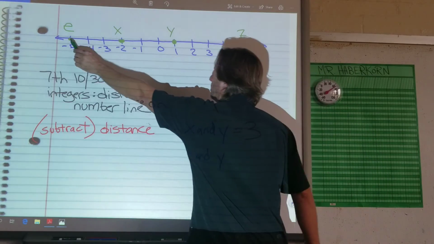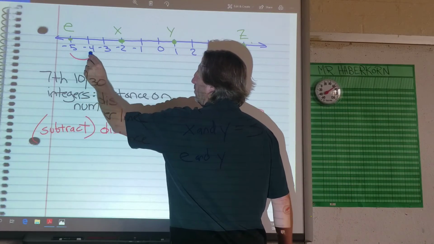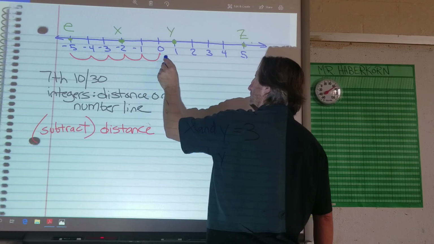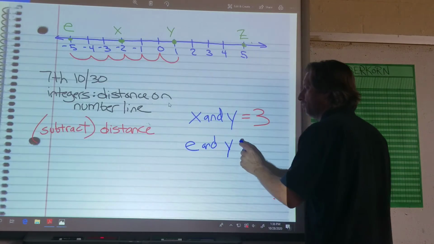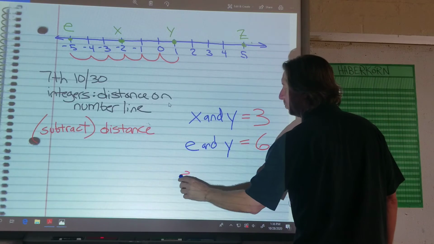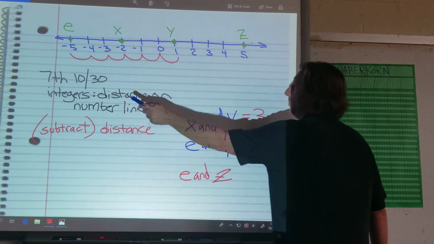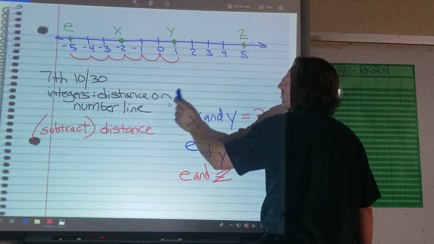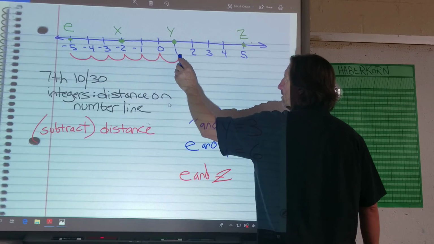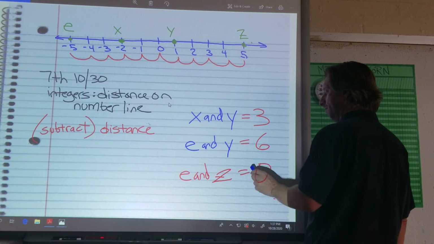Now those two aren't even next to each other, are they? But we can still use the loop method. 1, 2, 3, be careful, 4, 5, 0 counts, 6. So the distance between E and Y is 6. What if I said the distance between E and Z? That's pretty far, right? So 1, 2, 3, 4, 5, 6, 7, 8, 9, 10. Oh, the distance is 10.